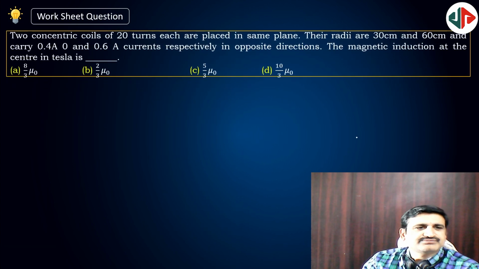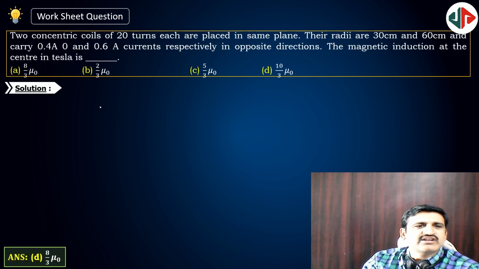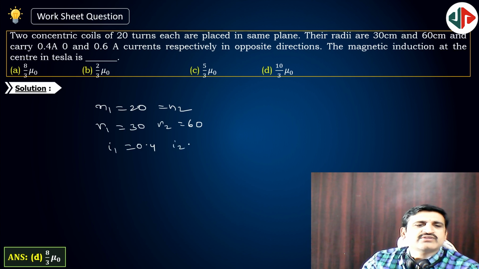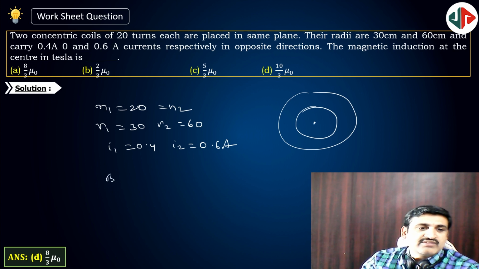Two concentric coils of 20 turns each. N1 is equal to 20 turns, that is equal to N2. Their radii are R1 is equal to 30 and R2 is equal to 60. They carry currents I1 is equal to 0.4 and I2 is equal to 0.6 amperes respectively in opposite directions. The magnetic induction at the center in Tesla: they are concentric, so B1 minus B2 will go.